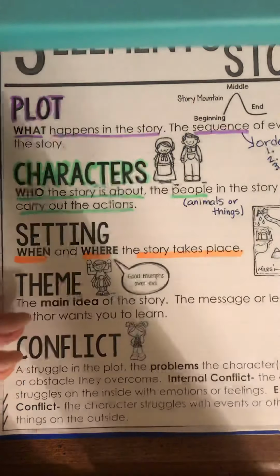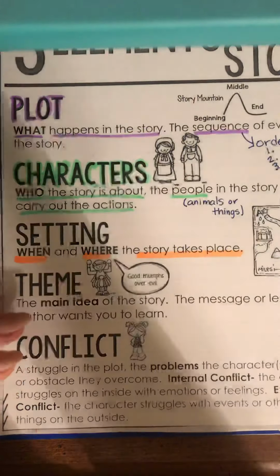Our last story element that we're going to talk about today is conflict. Conflict is the struggle in the plot, the problem the characters deal with, or obstacles they overcome. We're going to go ahead and highlight conflict so we can remember that conflict is the struggle of your plot, and it's the problems that the characters deal with or obstacles they overcome.